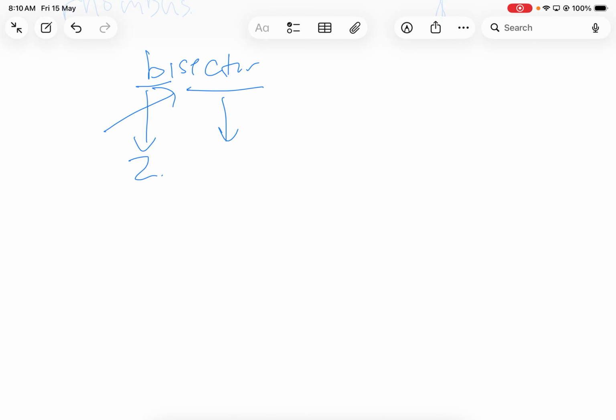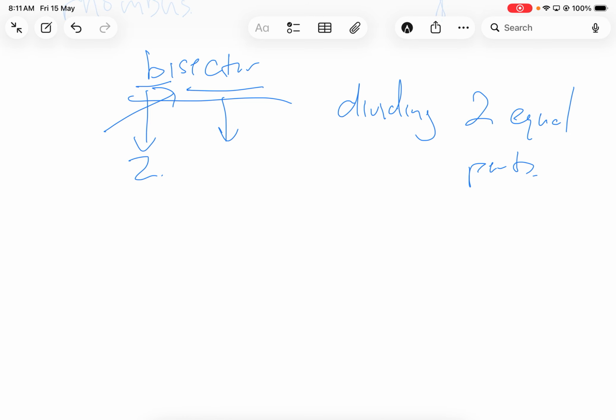So that is the meaning of bisector: dividing into two equal parts. Okay? So if I have a line, I want to cut this line equally into two parts, meaning I want to cut somewhere at the center.